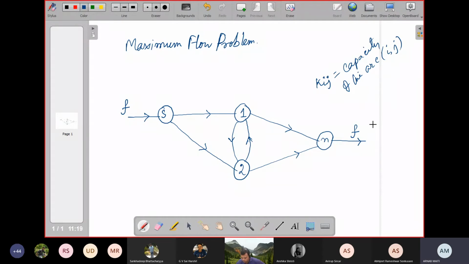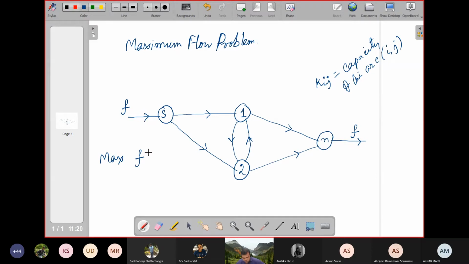For each node, we can write constraints. Right. So first of all, what is the objective? Maximize f. Here f is the decision variable and you want to maximize it. So this is the objective.